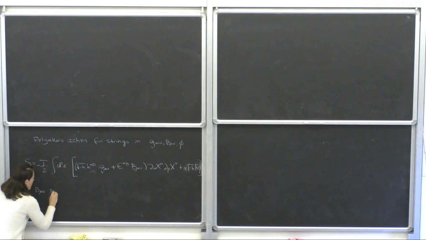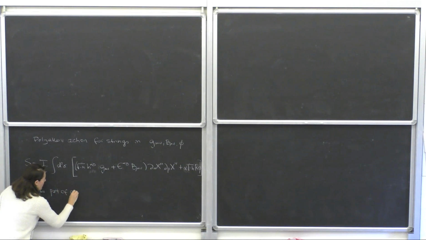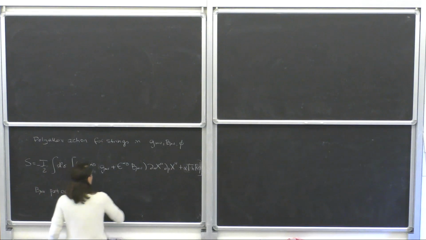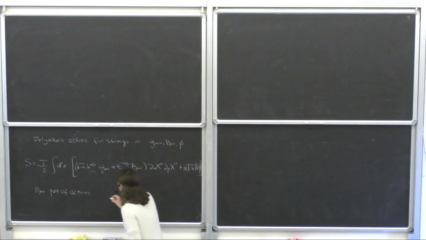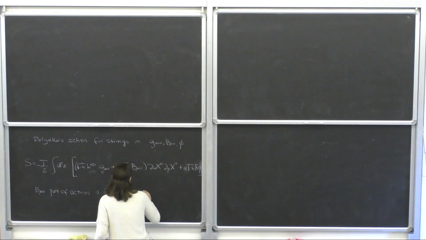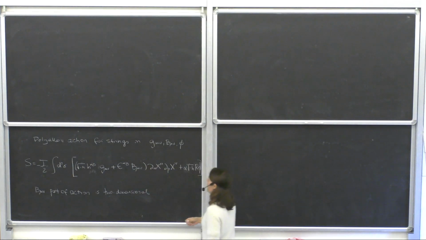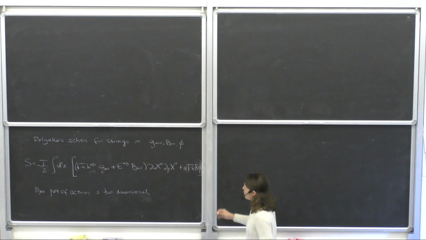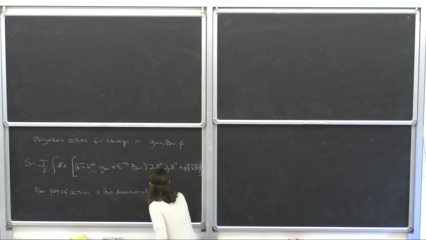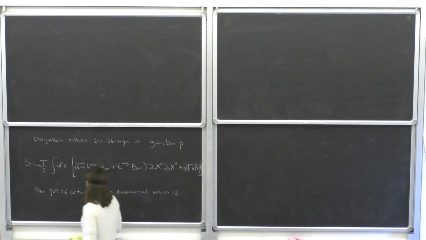B_{mu nu} part of the action is like the two-dimensional version of the coupling of a point particle to a gauge field that is a one form. So it's a two-dimensional version of the electric coupling.